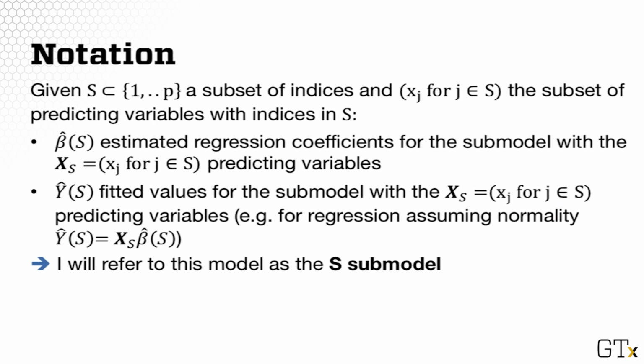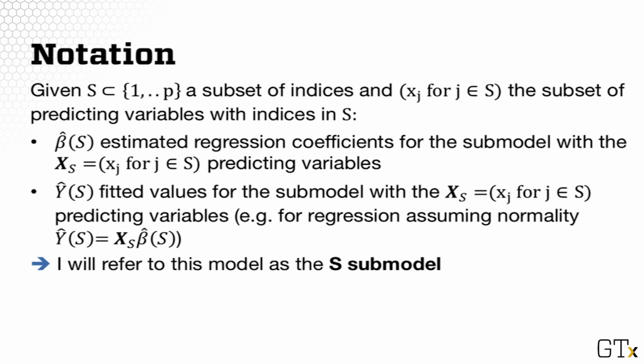To begin the introduction of the variable selection methods, I will point out some notation that will be needed throughout this lecture. Given p predicting variables, we can have 2 to the p combinations of the variables, and thus 2 to the p models to choose from. I denote S a subset of indices in the set 1 to p, with a subset of predictors among the p variables with these corresponding indices.